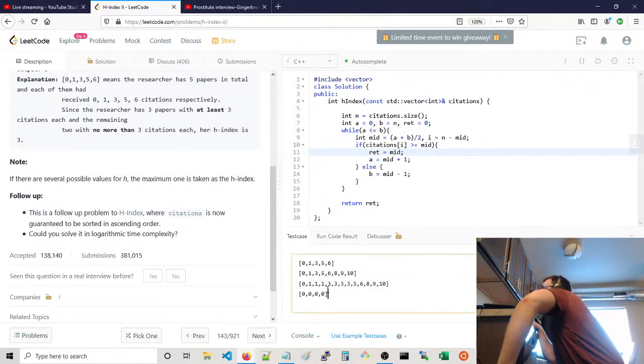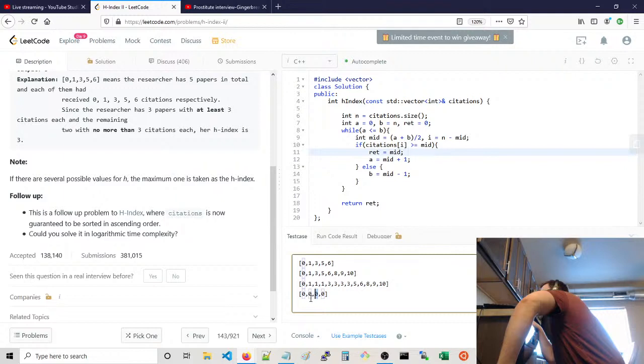What happened? So 0, 1, 2, 3. Midpoint is, it's 4. So 2. So 0, 1, 2. Set i to 4 minus the midpoint, which is at 2. So 4 minus 2 is 2.